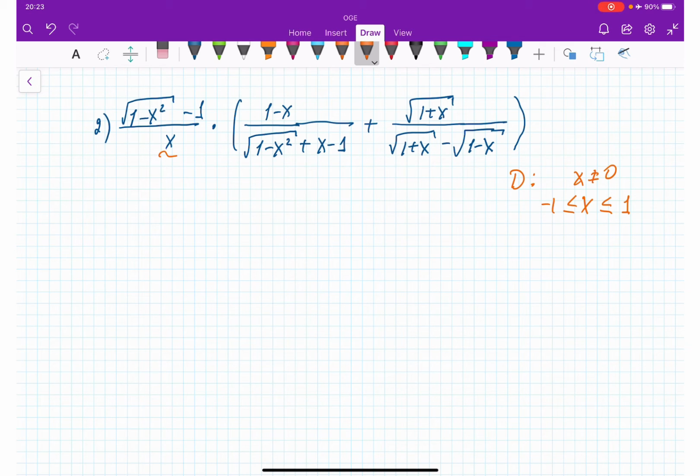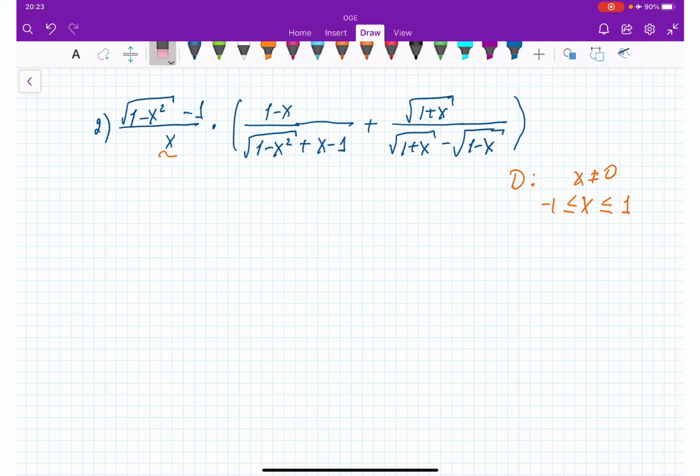Because if x is more than 1 or less than -1, 1 minus that number's square is going to result in a negative number, which cannot happen with a square root.